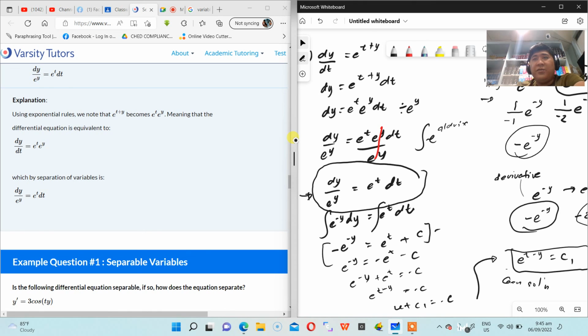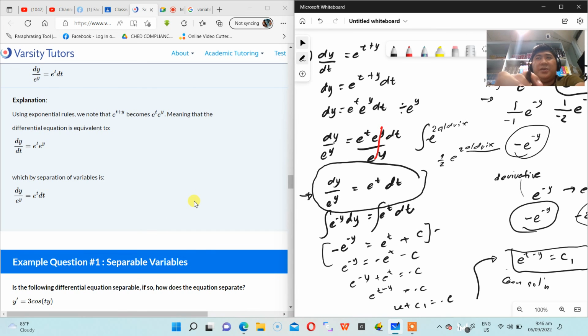Or if you want to put 2 Aldrex, it will just be 1 half e raised to the power of 2 Aldrex. Same, it's just a constant variable. So with regards to any variable that comes first, the process will not change.